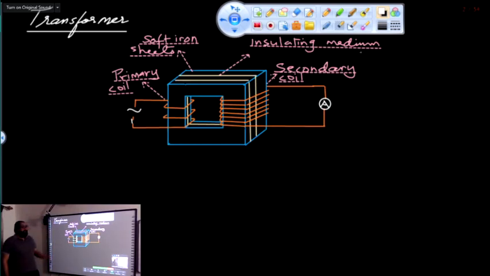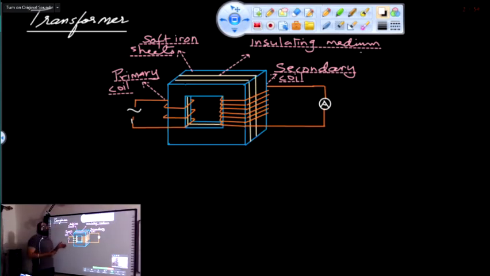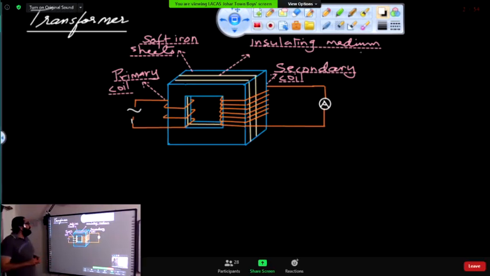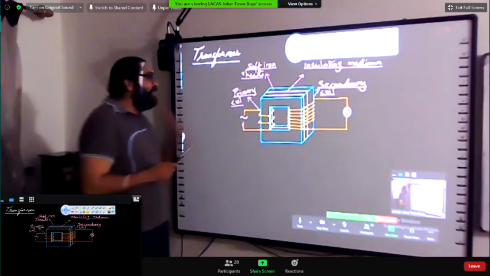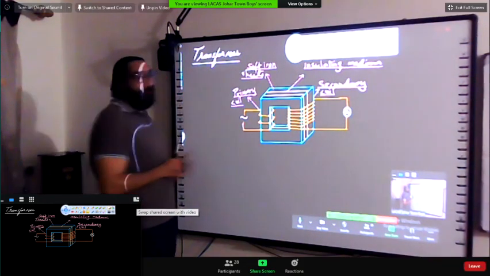So it's a medium which insulates electrically. It doesn't allow electrical current to pass through it, and at the same time, it allows magnetic field to pass through it. For example, wax. So these sheets are separated by wax, just an example, and there are a large number of sheets placed over here. Then we cut out a square hole in the middle of these sheets, and then we place a coil, as I have shown you over here. Now, this will form a transformer.